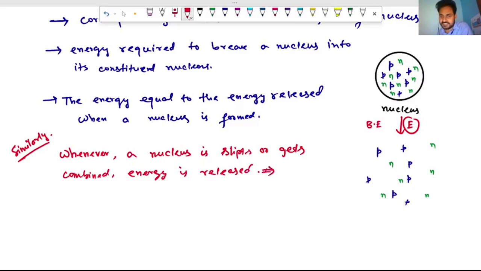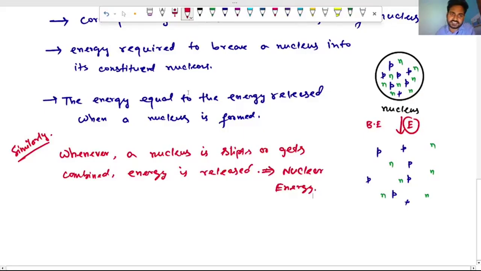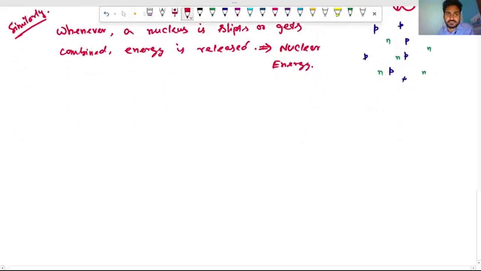That energy is known as nuclear energy. We'll now discuss nuclear energy. So what is nuclear energy?